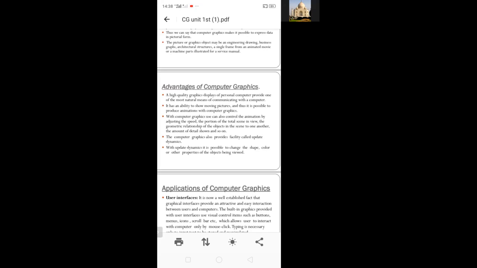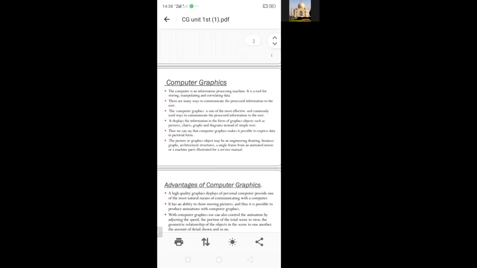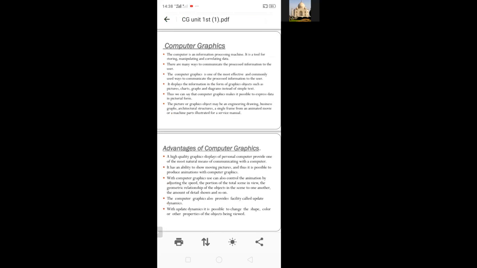So in short, in the first slides, I have already explained what computer graphics is. Computer graphics is nothing but the order given by the users to the computer to make the visuals, to make the display.